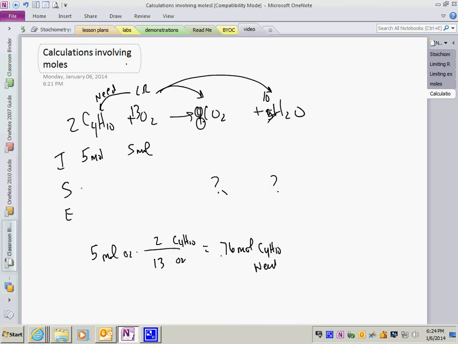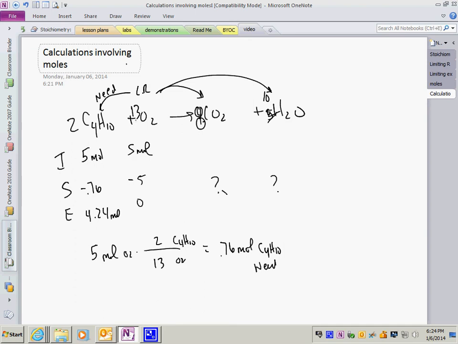So this is going to go minus 0.76. This is going to drop to 0, and that's reflective of that ratio. This is going to be essentially 4.24 moles. That's the excess.